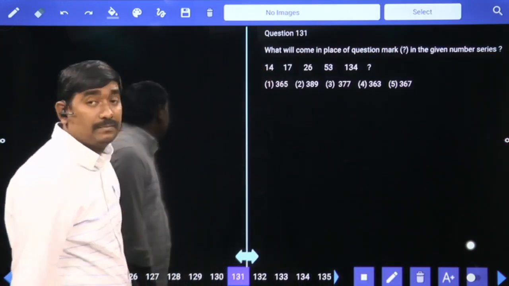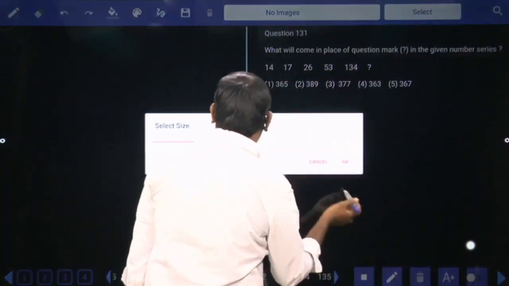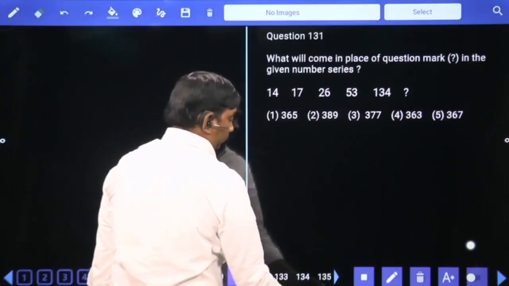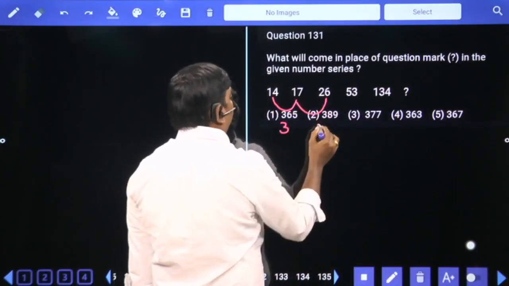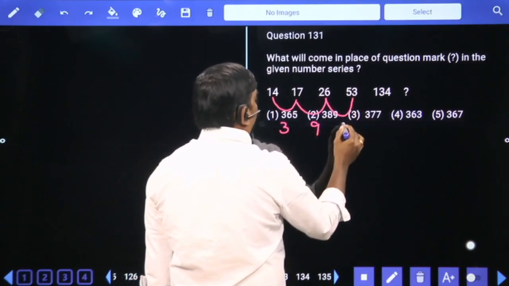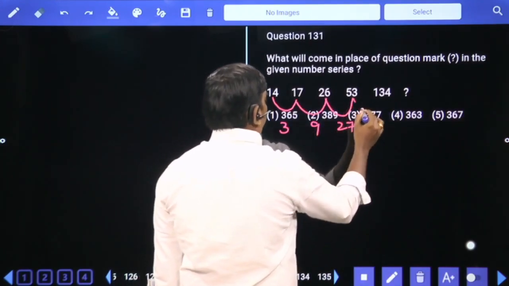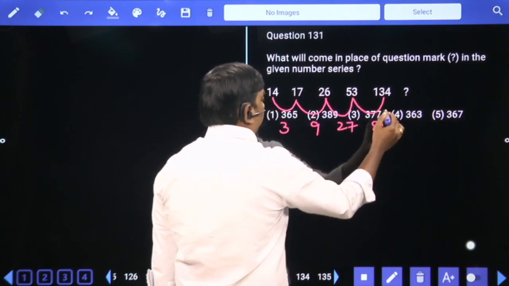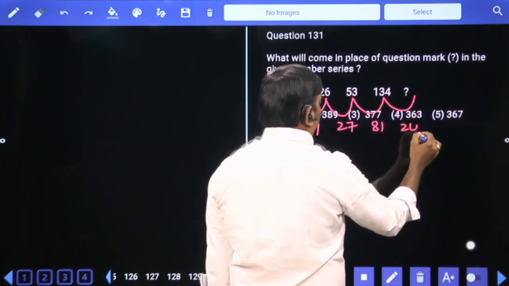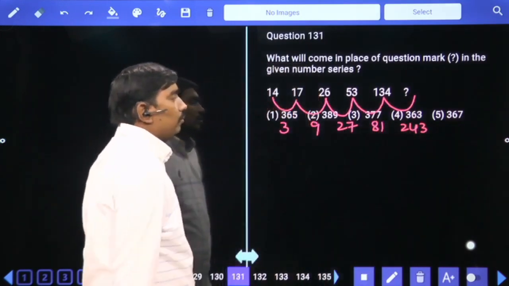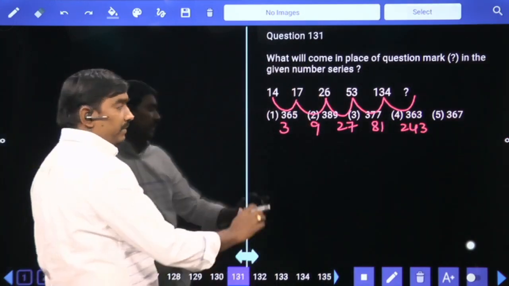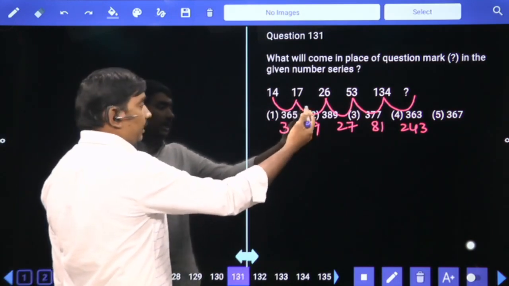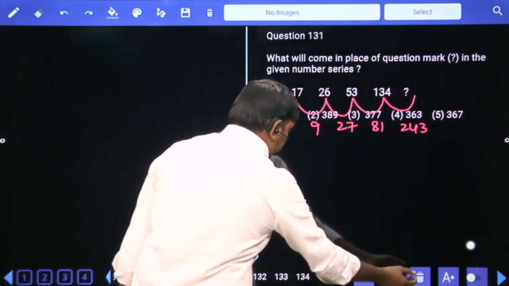Number series. 3, 9, 27, 81, 243. 243 plus 134, 377. Difference is triple: 3 triple 9, triple 27, triple 81, triple.